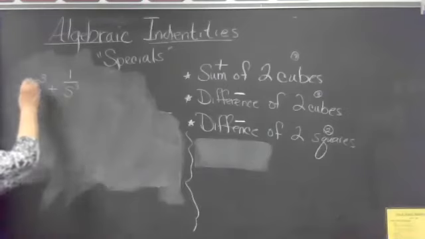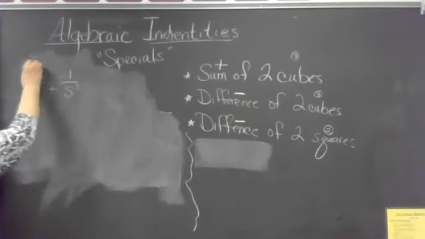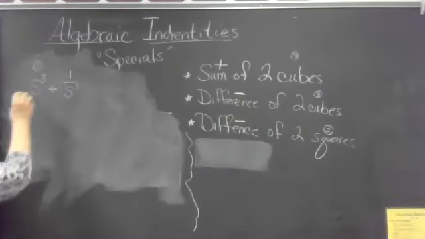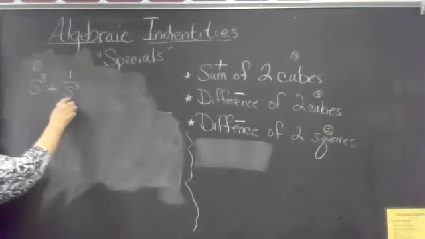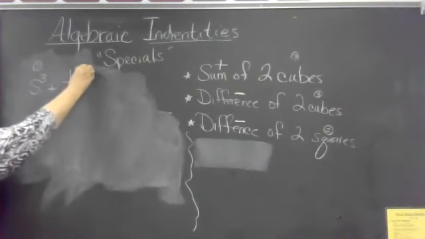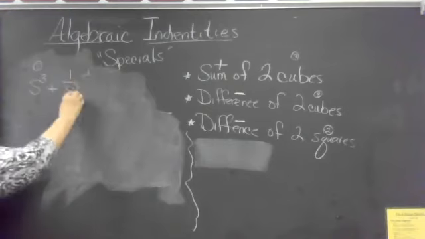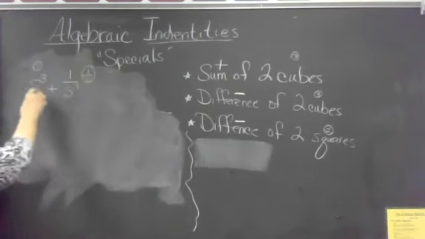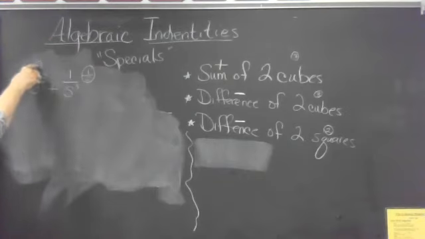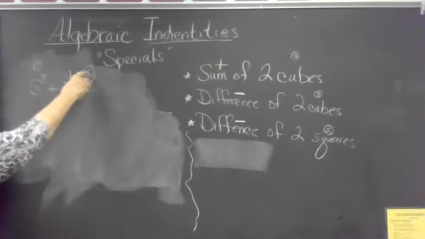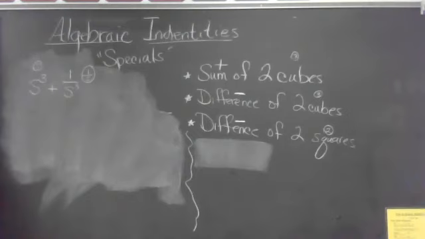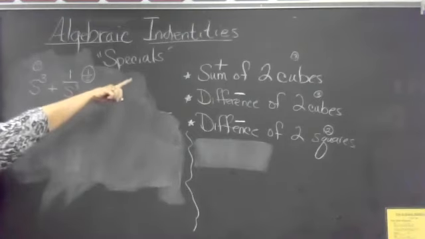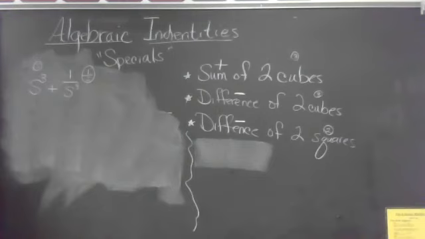The cubed root of this is S. The cubed root of this, you have to find the cubed root of the top and the cubed root of the bottom. So I found the cubed root of this is S. The cubed root of this is 1 over S. So it fits all the qualifications to fit that pattern.